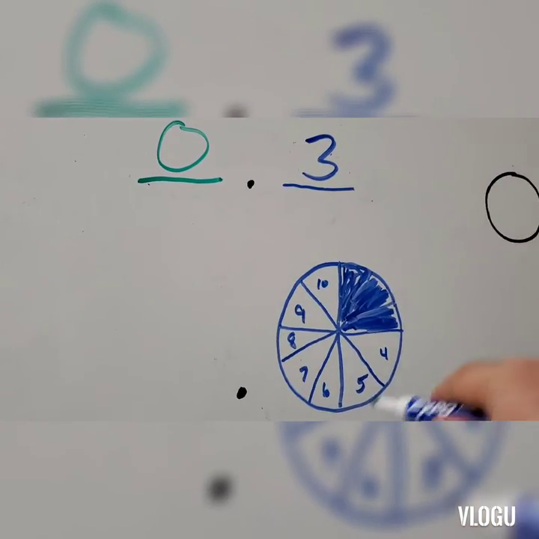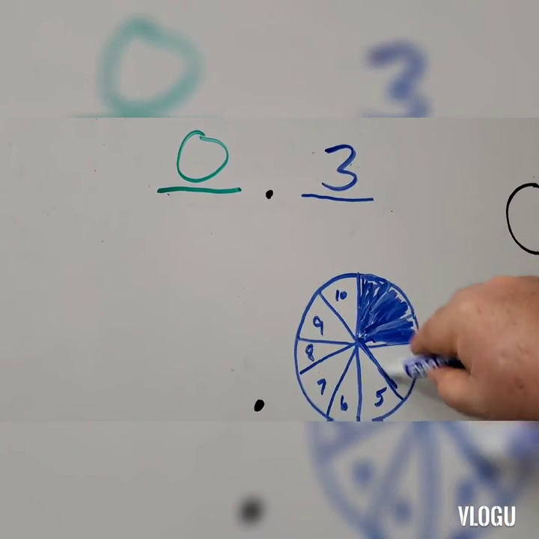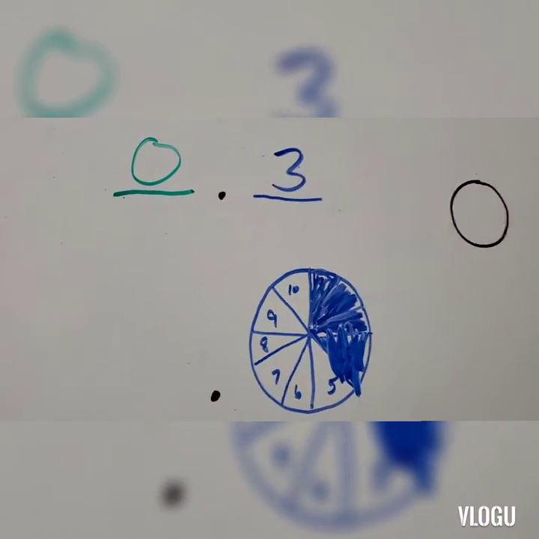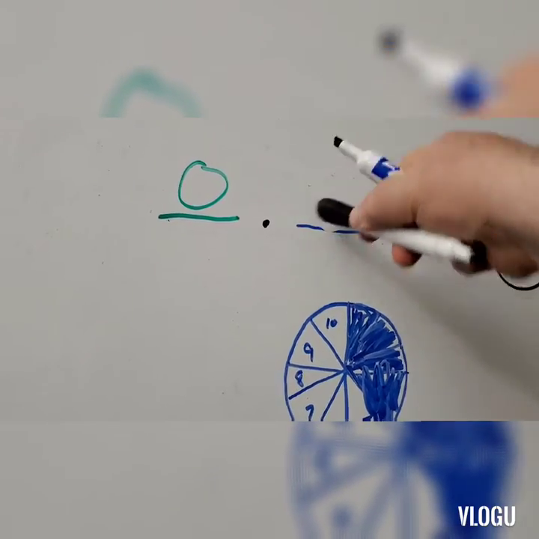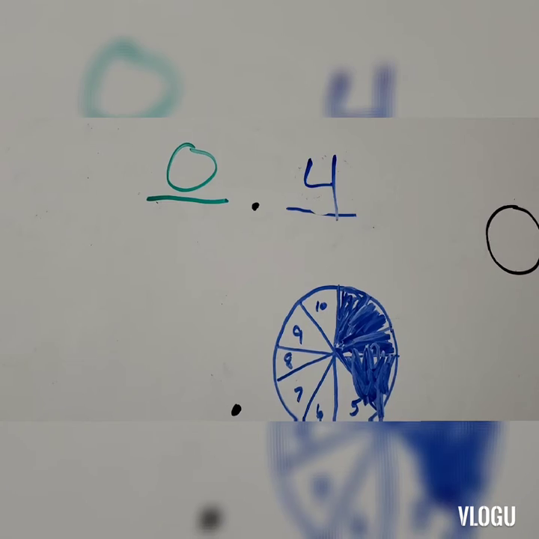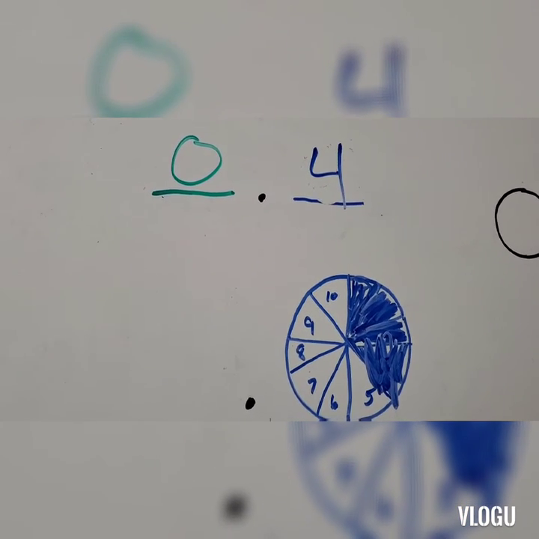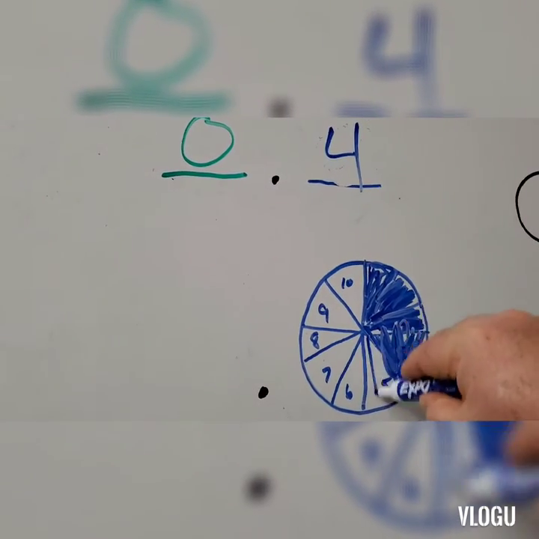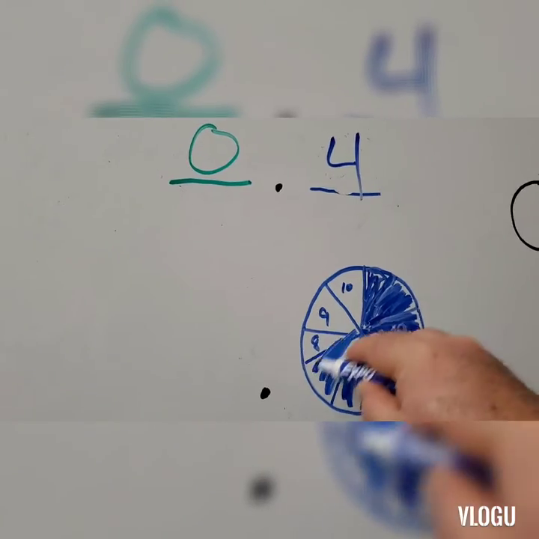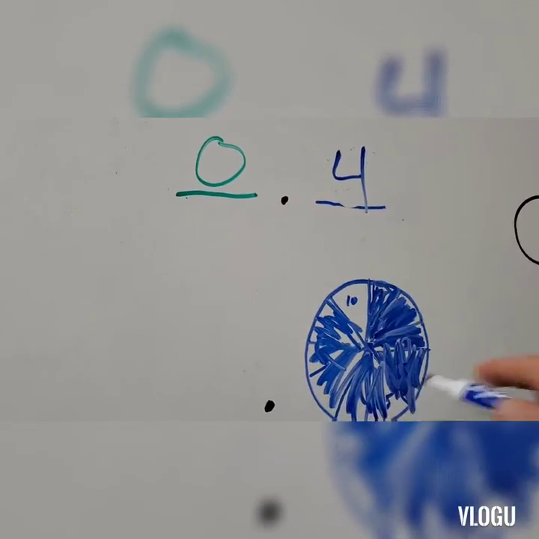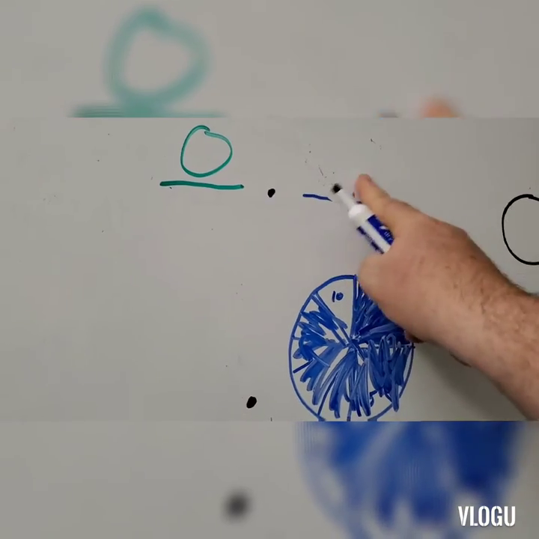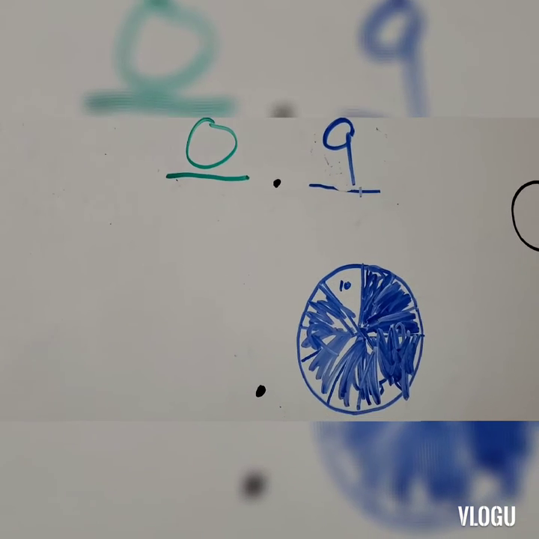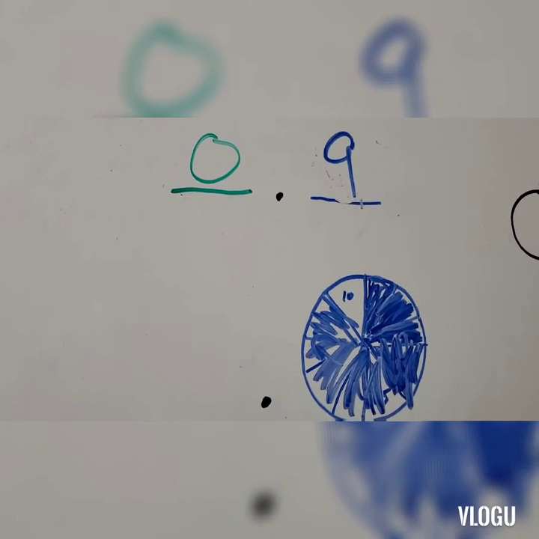I'm getting closer to having a whole. 4 out of 10 pieces gives me 4/10. 10 pieces will make the whole. I have 4 of them. All the way up, 5, 6, 7, 8, 9. If I have 9 out of 10 pieces, I'm almost to a whole, but not quite. I have 9/10.